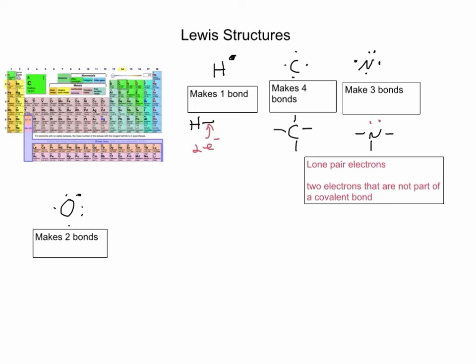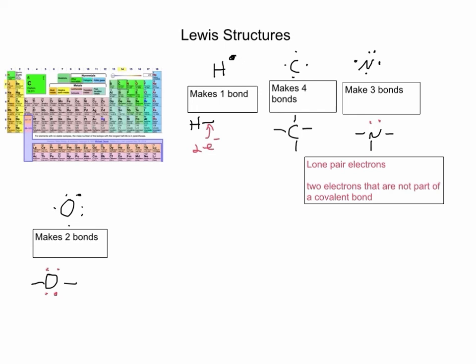And therefore it'll look like this. And because it needs a total of 8, right now we have 4 electrons around it. We need 4 more. Those electrons will come in the form of 2 lone pairs. Remember, our electrons always come in pairs in our orbitals.